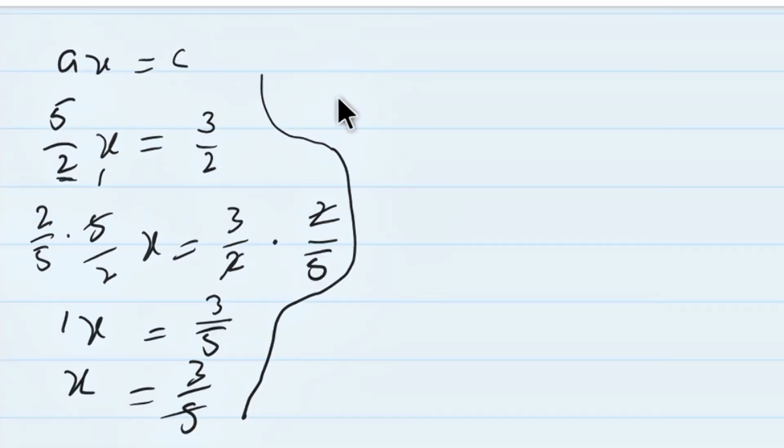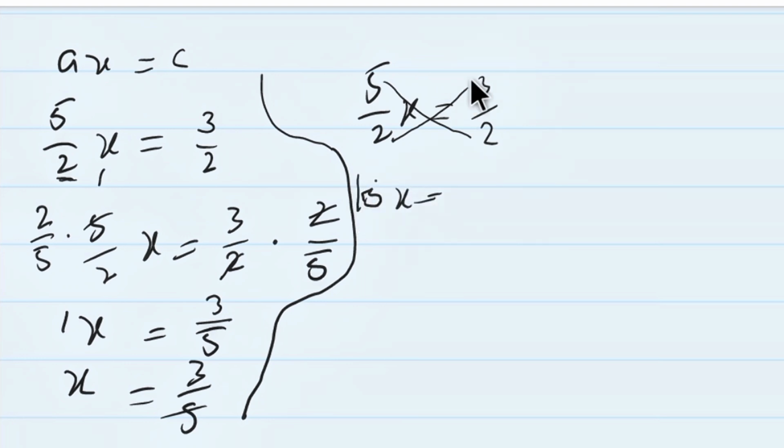Another way of solving this equation is by cross multiplication. That is, we will multiply simply 5 by 2 and 3 by this 2. That is 5 twos are 10 and 3 twos are 6.